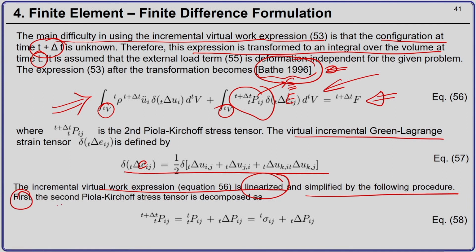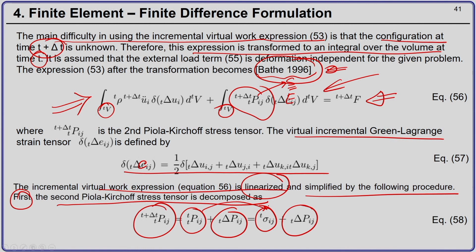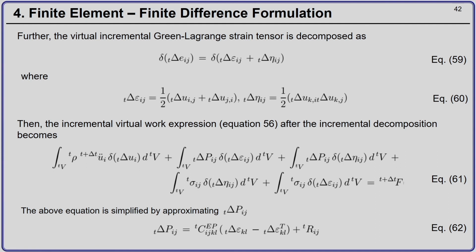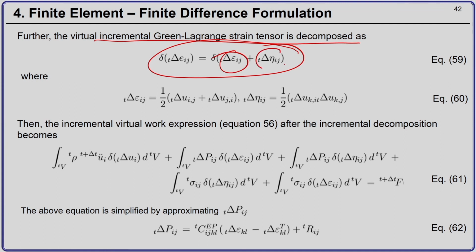First, the second Piola-Kirchhoff stress tensor is decomposed as the second Piola-Kirchhoff stress tensor at time t plus the increment in the second Piola-Kirchhoff stress tensor. The second Piola-Kirchhoff stress tensor at time t is nothing but the Cauchy stress tensor at time t, plus then you have the increment. And the virtual Green-Lagrange strain tensor can be decomposed into the linear part and the non-linear part, where the linear part is just like your linear strain tensor, and the non-linear part has the product of the gradient of the displacement at time t and the incremental displacement.